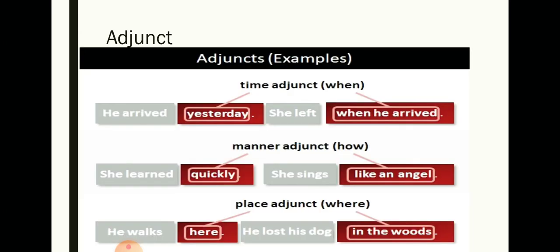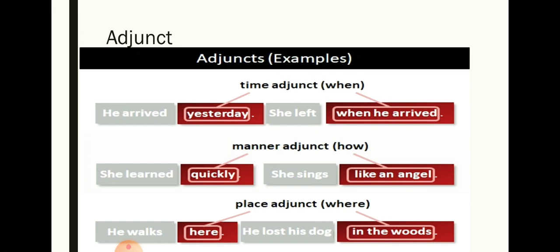Okay, and we shall see examples from some sentences. We have many kinds of adjuncts, like time adjuncts that deal with the question when, manner adjuncts that deal with the question how, and place adjuncts that deal with where.